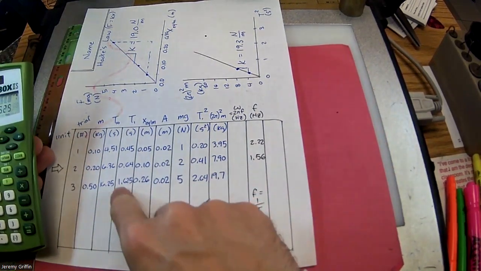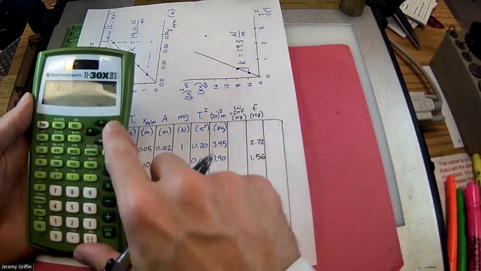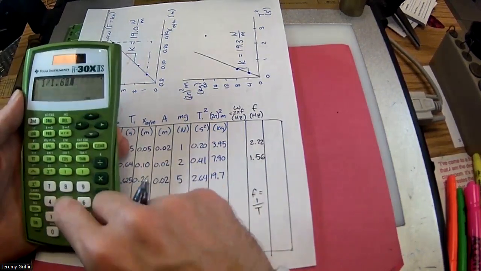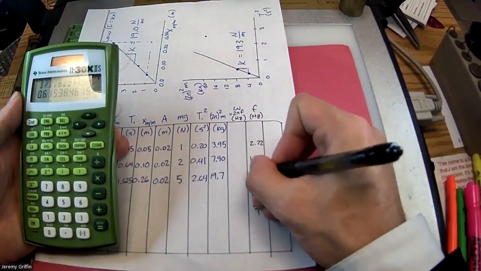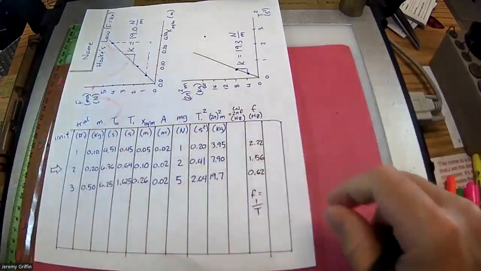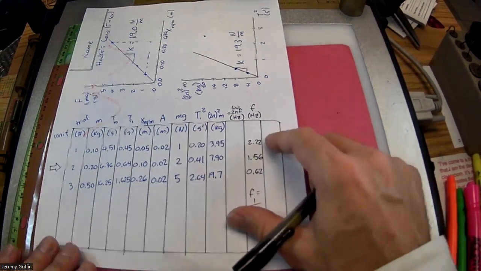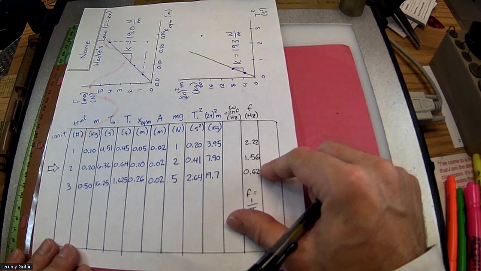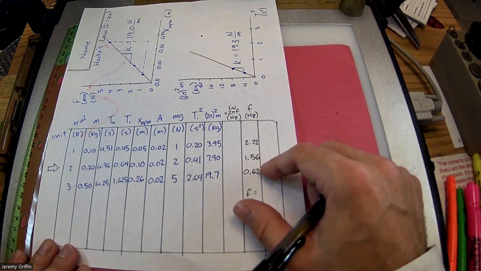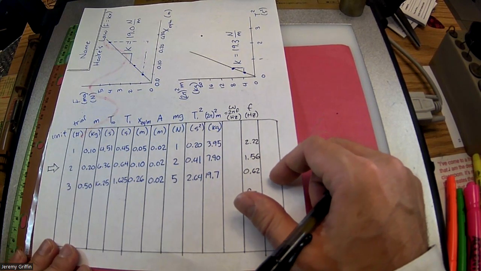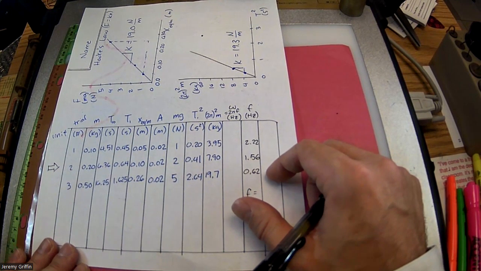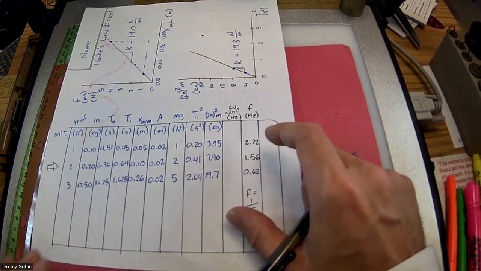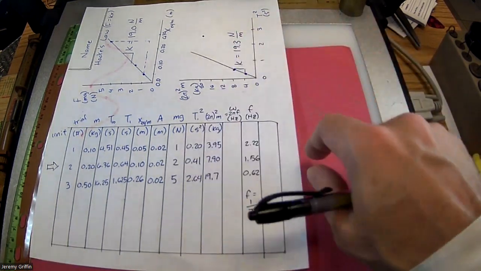And then 1 over 1.625, 0.62 hertz. Okay. So it looks like the frequency is decreasing as mass increases, which makes sense, right? The more massive, the more inertia, it slowed way down. So it cycles less frequently.